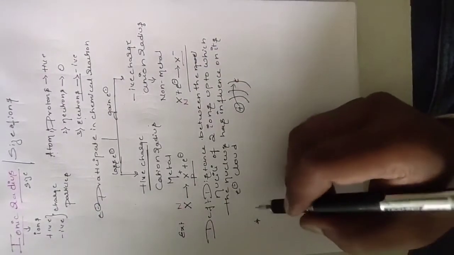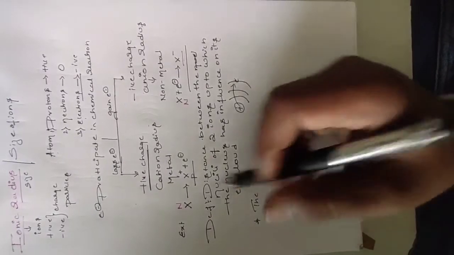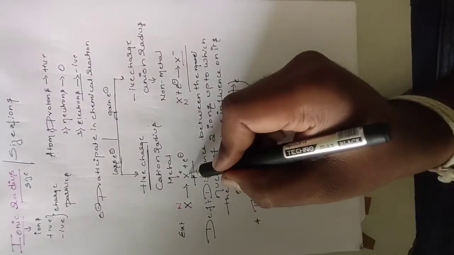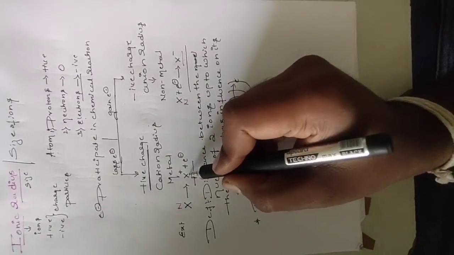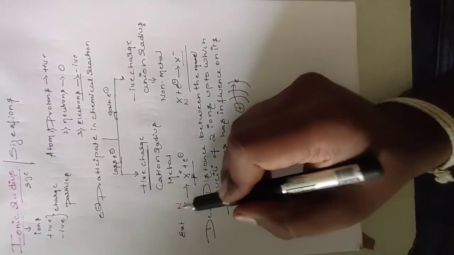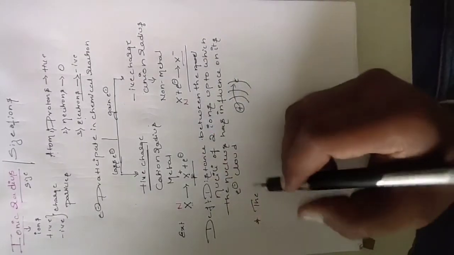Then see, the neutral and the cation, we told this cation. The cation radius is smaller than the neutral atom or parent atom. Okay, you understand this?